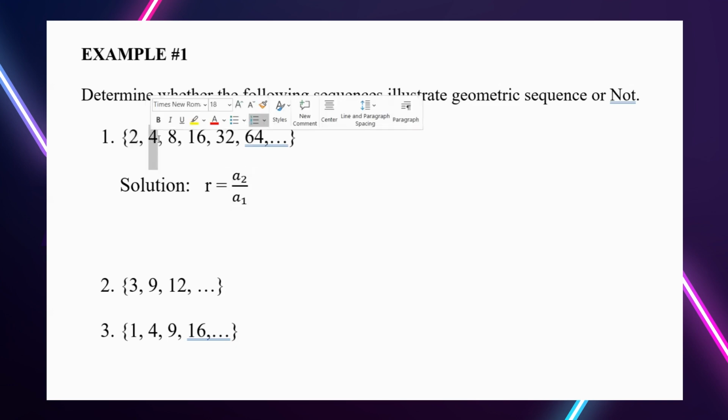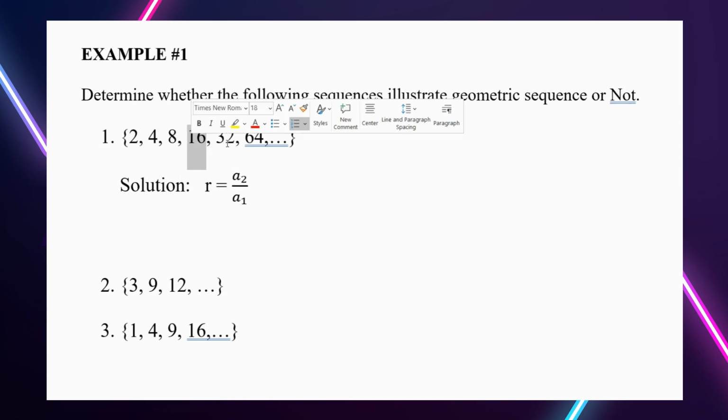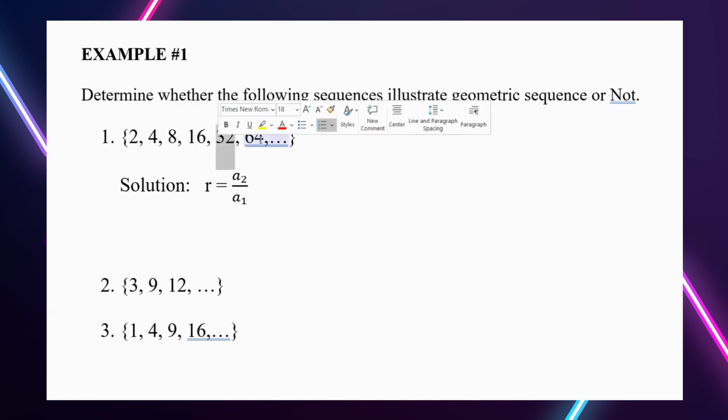A sub 2 is 4, a sub 3 is 8, a sub 4 is 16, a sub 5 is 32, and a sub 6 is 64. So kailangan bawat terms of the sequence ay meron silang common ratio para maklasify natin na ito ay geometric sequence.